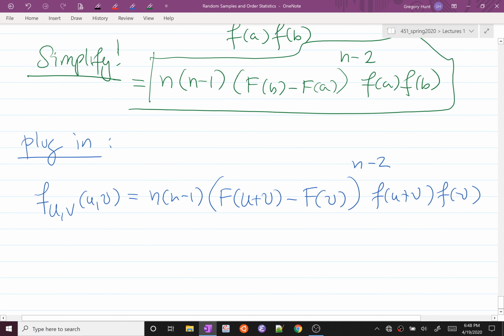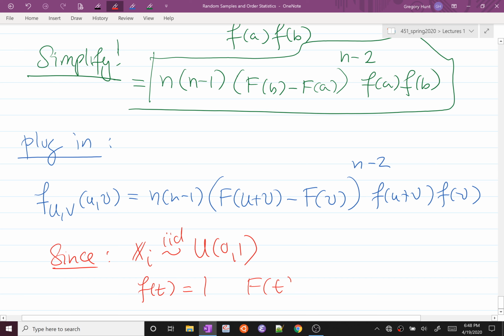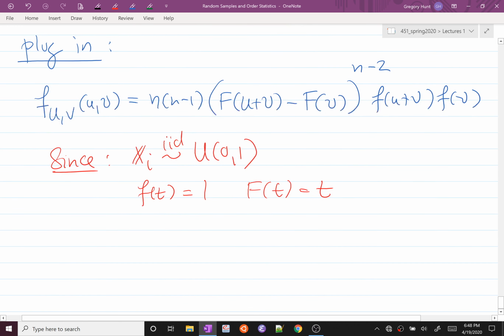Now, in this case, we're assuming my x sub i come from a uniform 0, 1 distribution. And so I said this a couple times, little f is just 1, and capital F is just the identity function. F of t is t. So this will simplify even more.